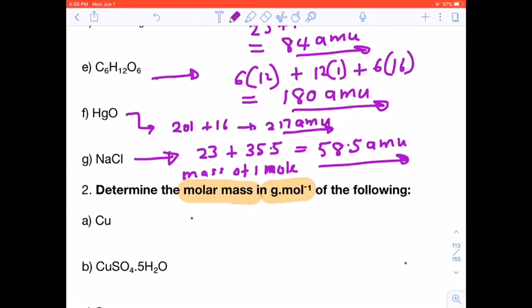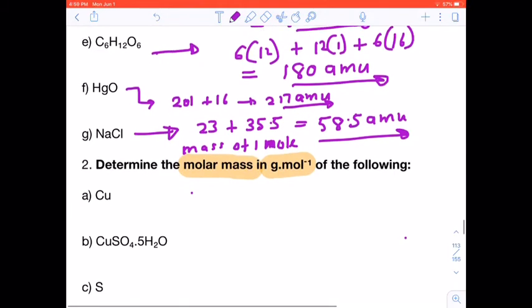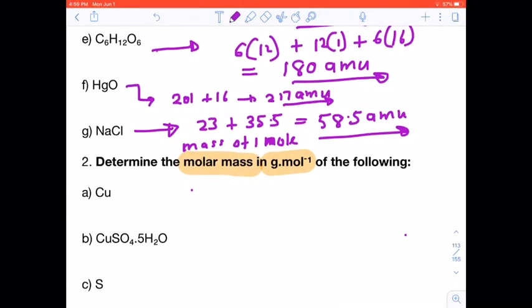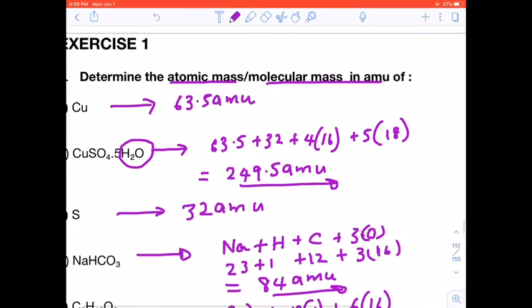So the mass of 1 mole is essentially the molar mass of the substance, right? But here I'm just going to give you the answers in grams. So if we look at copper, what's copper? Copper is 63.5 AMUs. And what did we form earlier when I drew your attention to it? That's for 1 particular atom of copper.